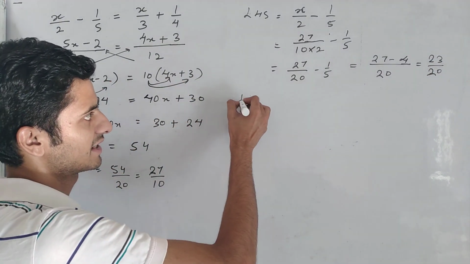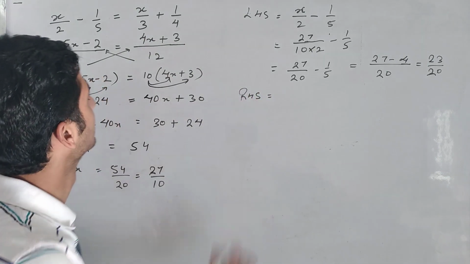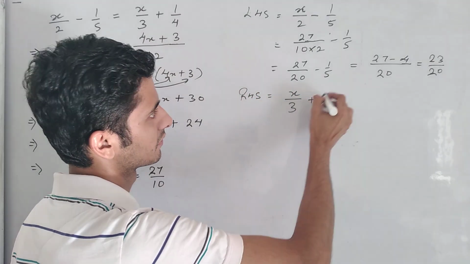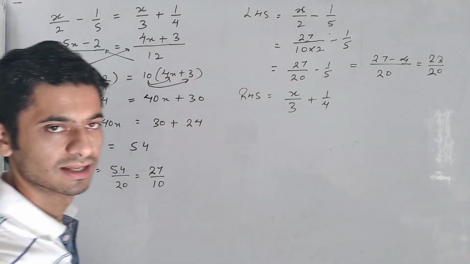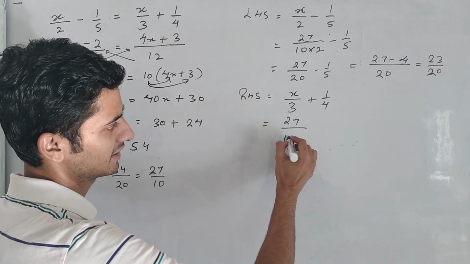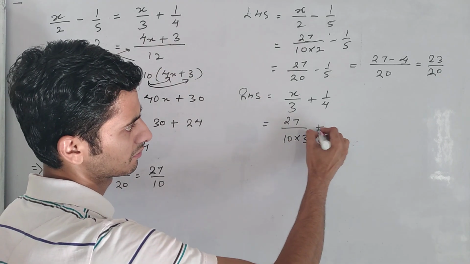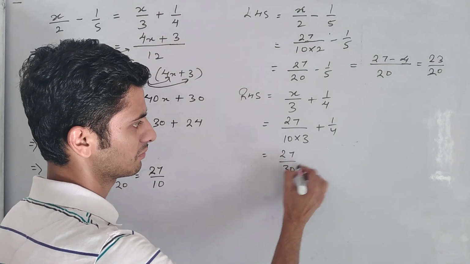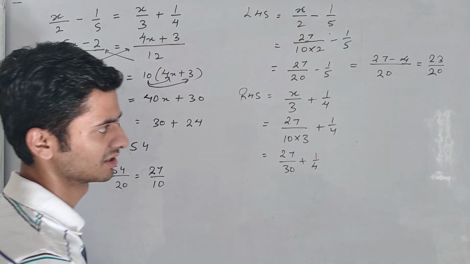Then right hand side is x upon 3 plus 1 upon 4. x upon 3 means 27 upon 10 into 3, plus 1 upon 4. That is 27 upon 30 plus 1 upon 4.